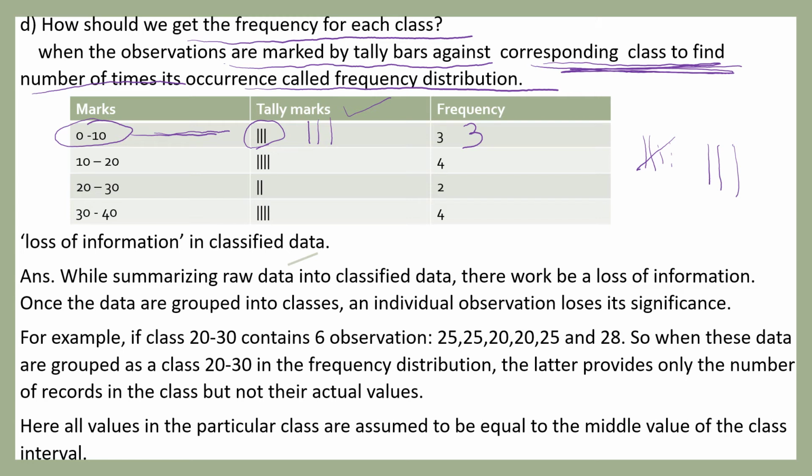The values between 0 to 10 appeared 3 times, and between 10 to 20, 4 values appeared in the observation. So the frequency is 4. In a similar way, from 20 to 30, there are 2 values.